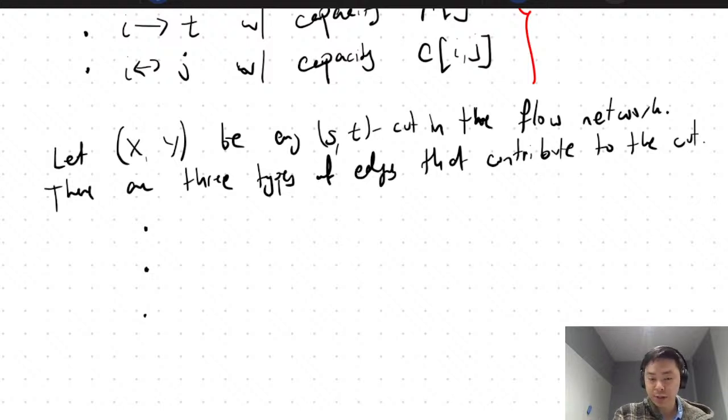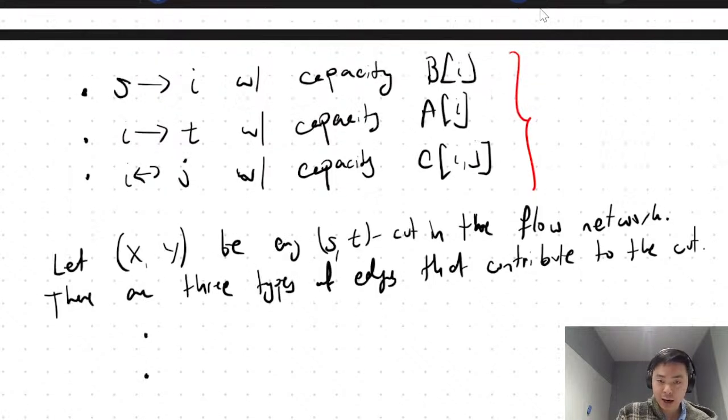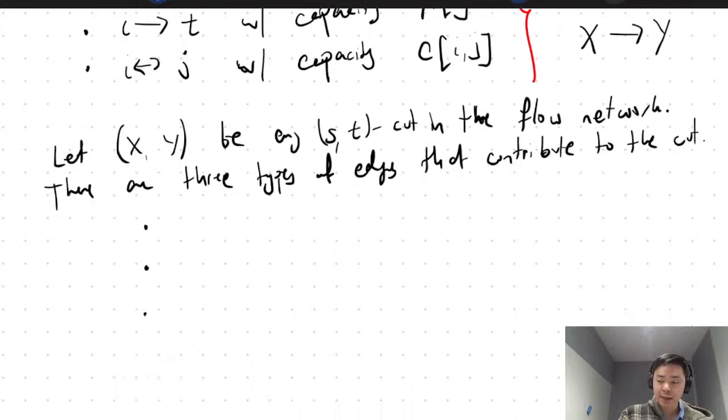Maybe it might help to think about the types of edges that actually contribute to the cut are exactly those of the form x to y. So it's any vertex from x to any vertex in y. But they come in three types of edges.